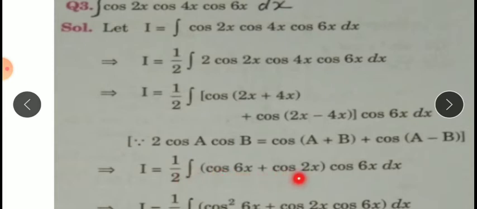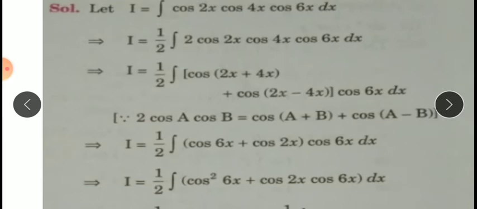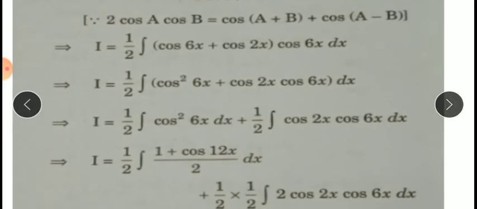You know that cos minus theta is cos theta, into cos 6x. Here I is equal to 1 upon 2 multiplied by cos 6x inside the bracket. We are getting integration cos 6x into cos 6x, which is cos square 6x, plus cos 2x cos 6x.